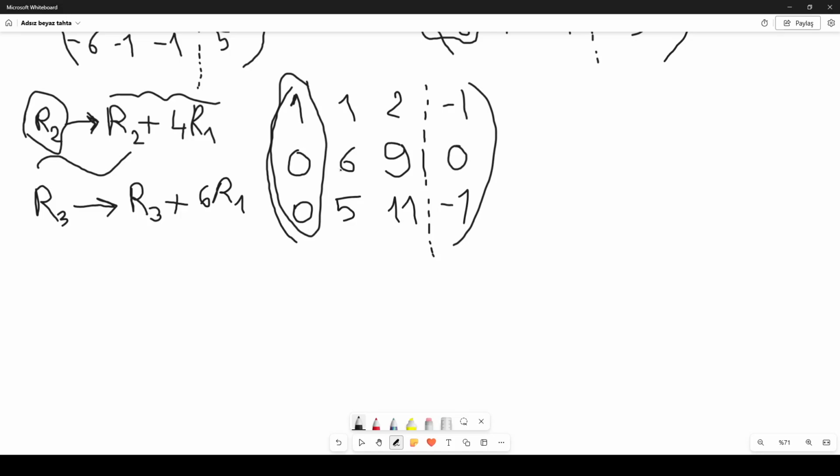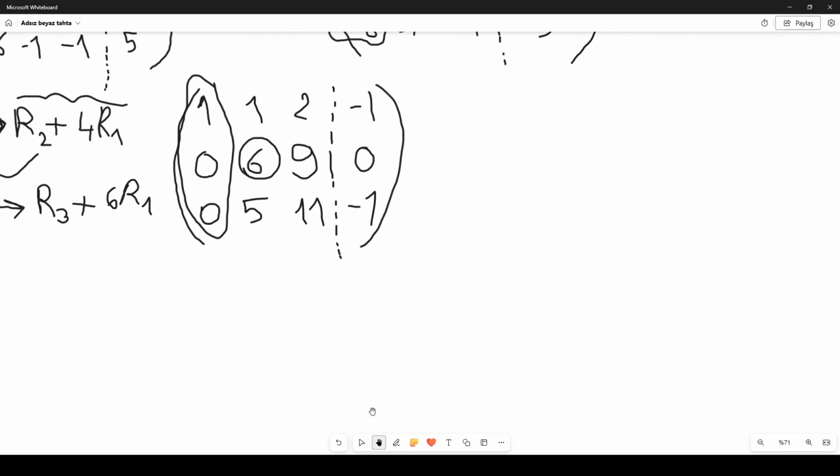Now I pass to the second row and I see that the leading entry in the second row, in other words, the very first element which is not equal to 0, is 6. But this is not good for us. What do we need to do? We need to convert this value into 1, right?